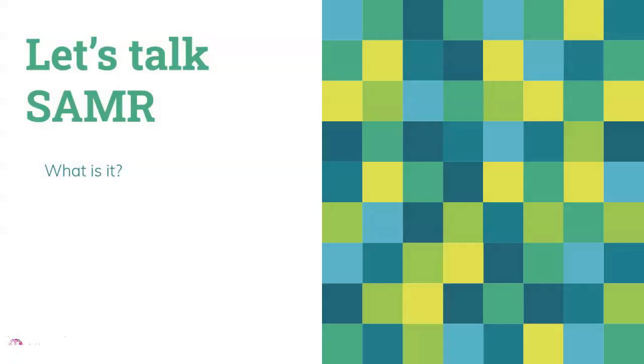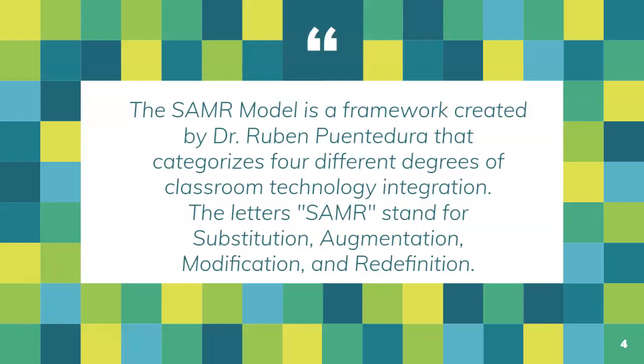I'm going to start off today by talking about the different frameworks we use for integrating technology. A big model that we use a lot is the SAMR model, and I'm going to start by talking about what that is.